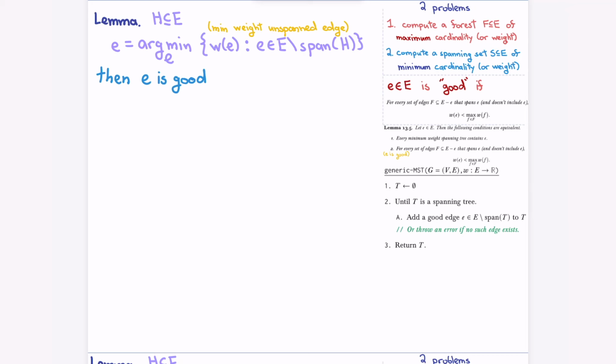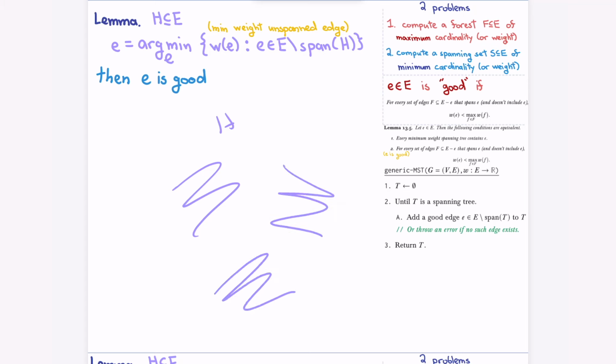Okay, so H is just some amorphous blob, right? H is just a bunch of edges. They might be big, they might be small. We're not saying anything about it. So you have some arbitrary edges H, and then you have some edge E that's the minimum weight among all edges that aren't spanned by H. We want to argue that E must be good.